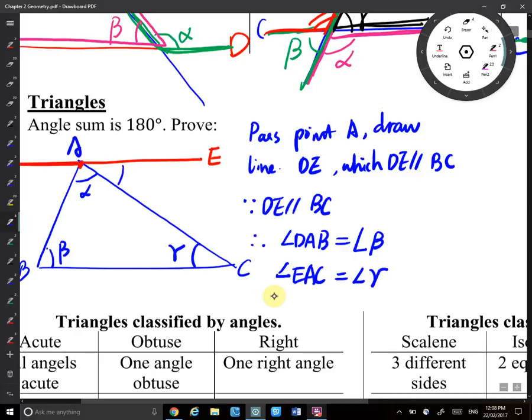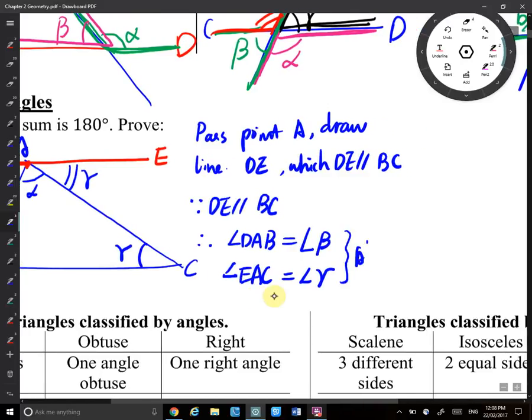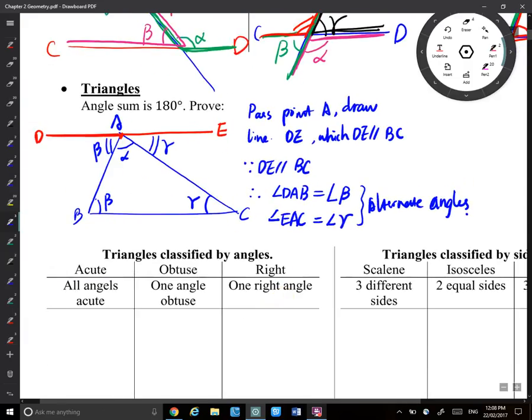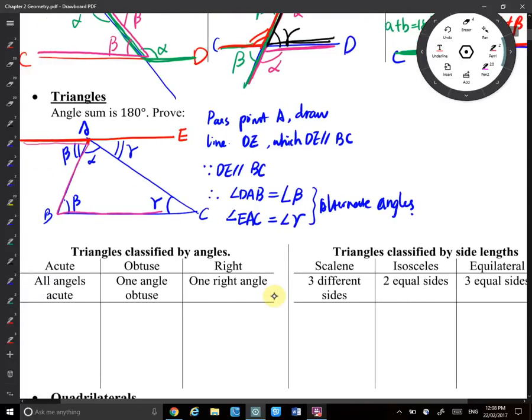So that one will be this, and this one will be beta because of the alternate angles. I hope you can see that's an alternate angle. Z shape. I'll draw this one. That's a Z shape. Can you see that? So beta equals beta. So you have alternate angles.